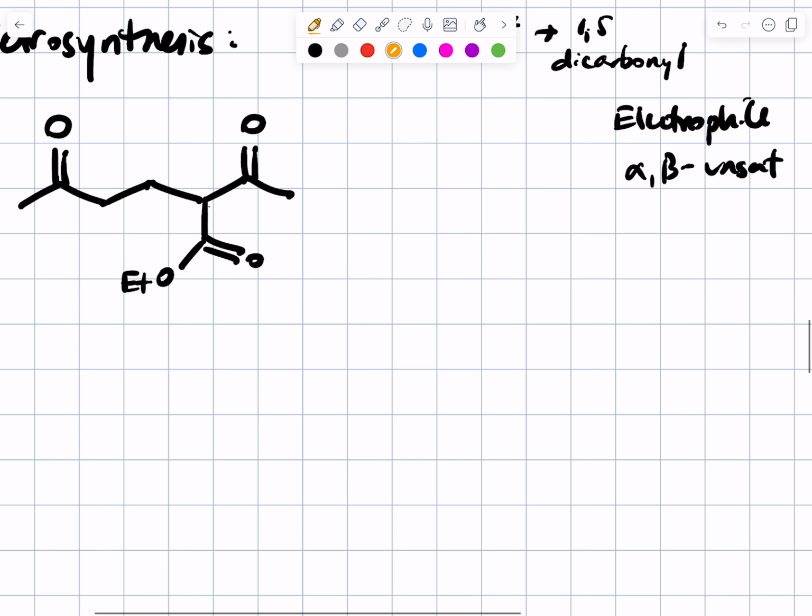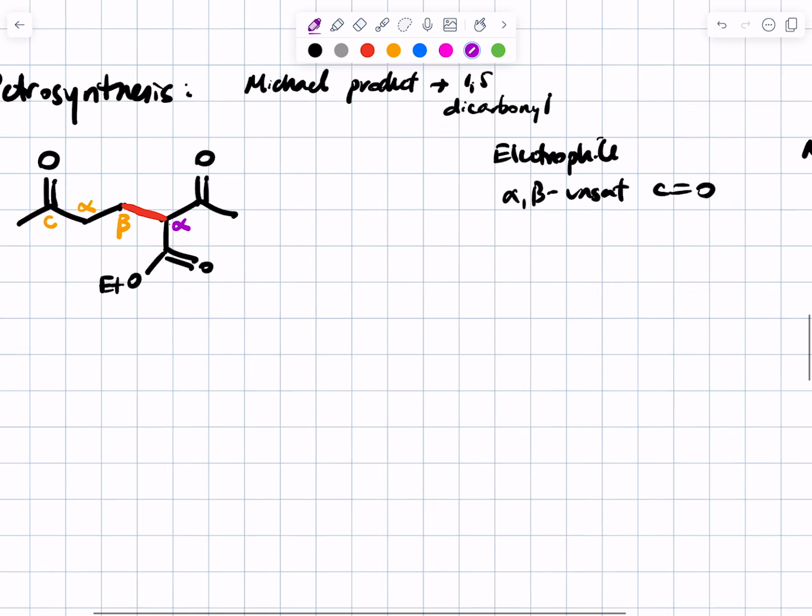So let's imagine that this portion was our carbonyl carbon of our electrophile. That would make this the alpha carbon and this the beta carbon. That would make this the bond that we made in the Michael reaction. And that would make this the purple alpha carbon of the enolate.